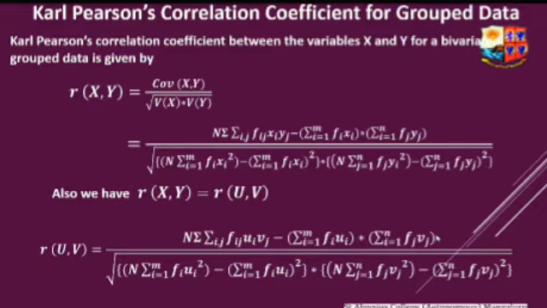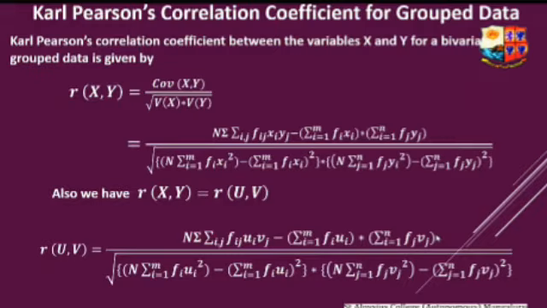Then the double summation: one is over i, another one is over j, because you are adding summation Fij Xi Yj. That is why it is a double summation. The remaining, I think you can understand easily. Earlier you had summation Xi.